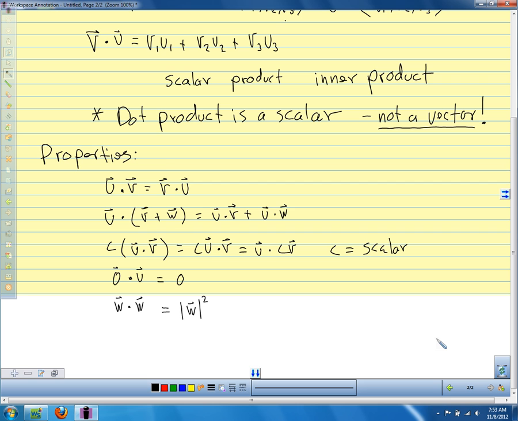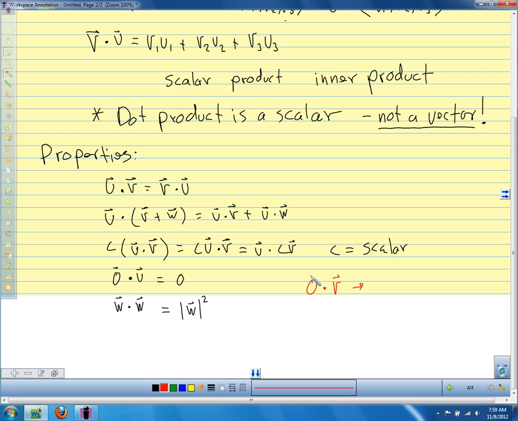So any questions on this? You're saying a zero scalar? Yeah, zero scalar. This is not a proper operation because we have to take the dot product of two vectors, so this first one would have to be the zero vector.